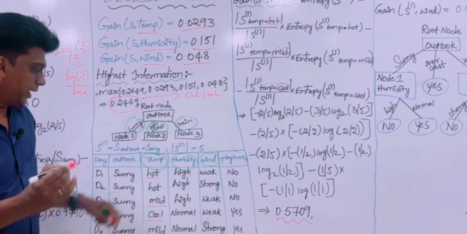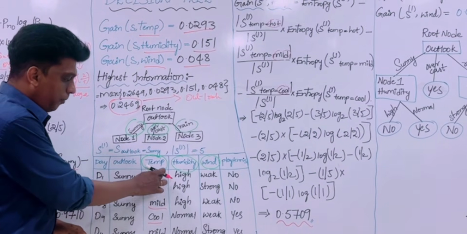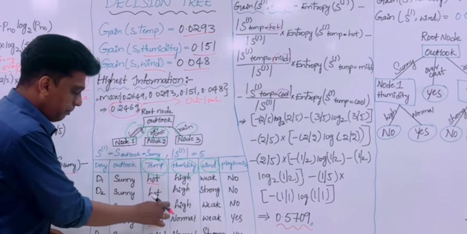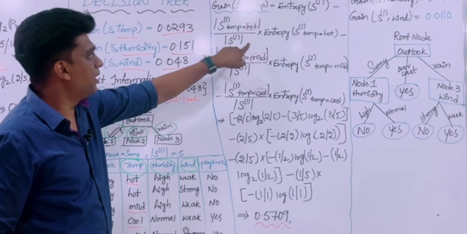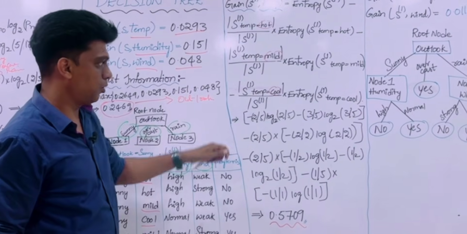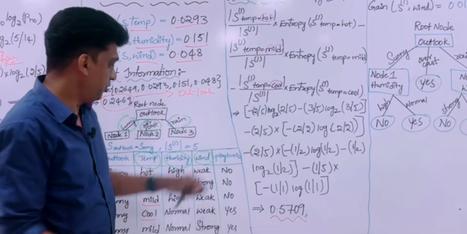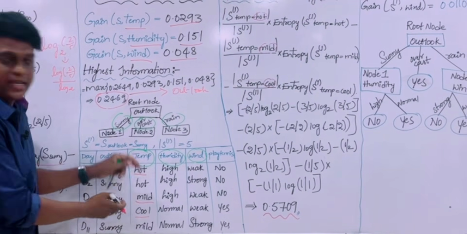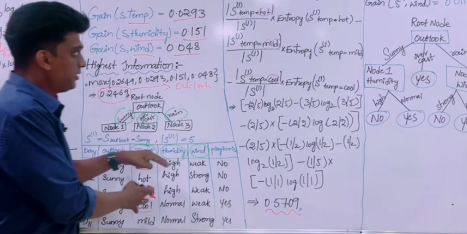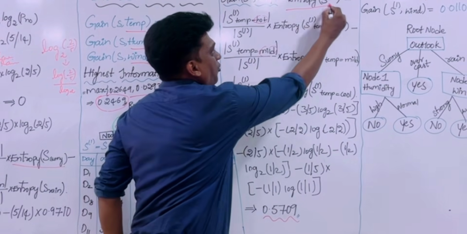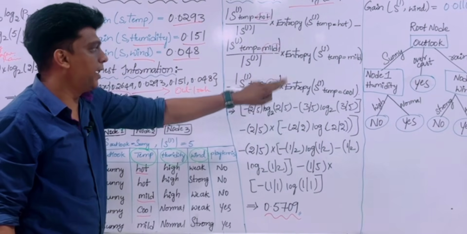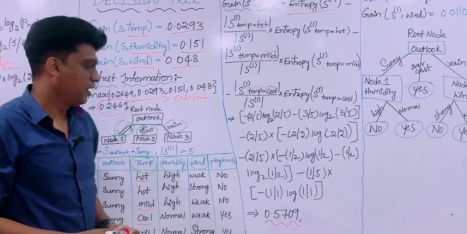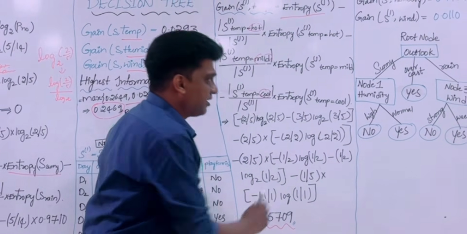Again, I am repeating. Under temperature there are three categories: hot, mild and cool. For that I am finding the entropy, then the gain values. I am substituting the entropy for this table alone, not for the whole table. Then individually I find the entropy of hot, mild and cool and substitute here, and I find the value as 0.5709.